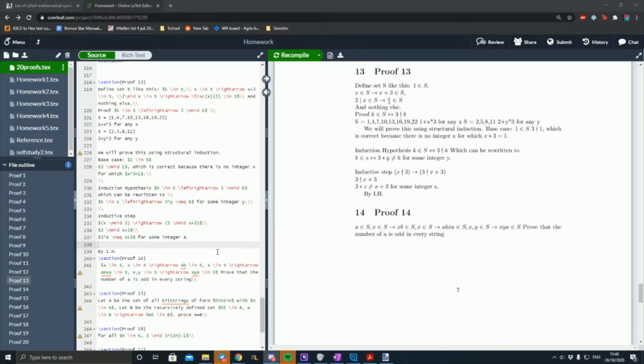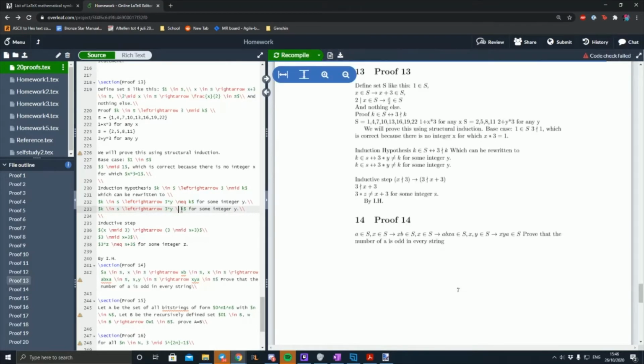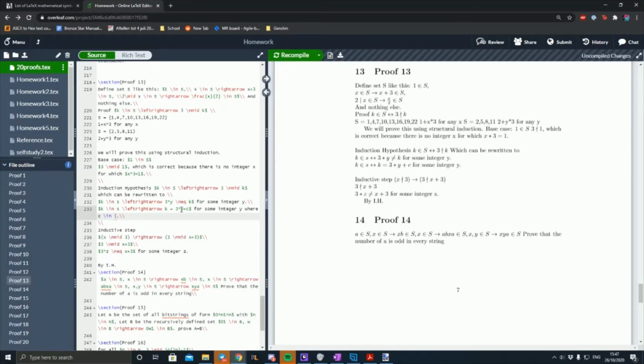Okay, so we can say that, which can be rewritten to k is equal to 3 times y plus c for some integer y, where c is in the set of 1 or 2.